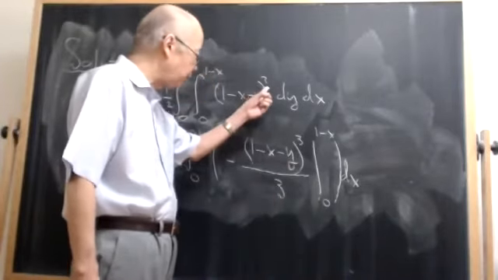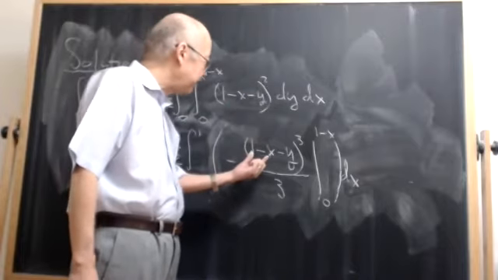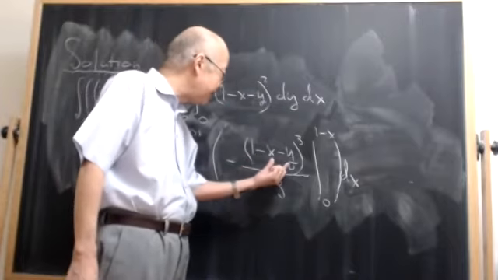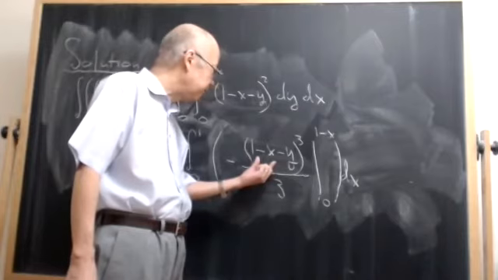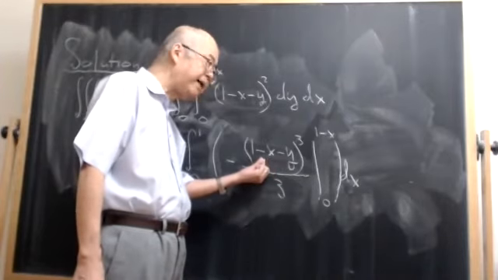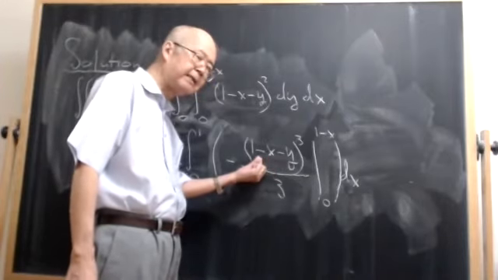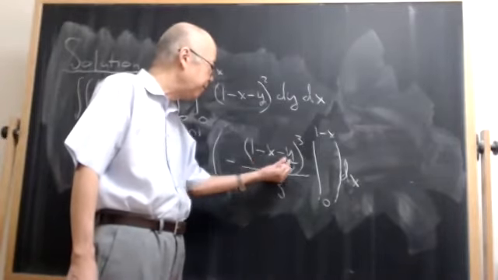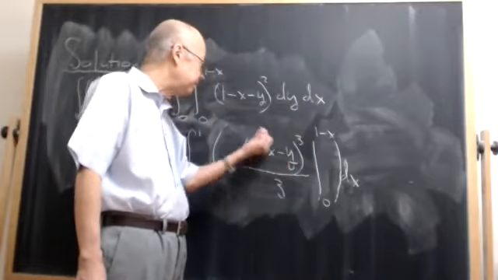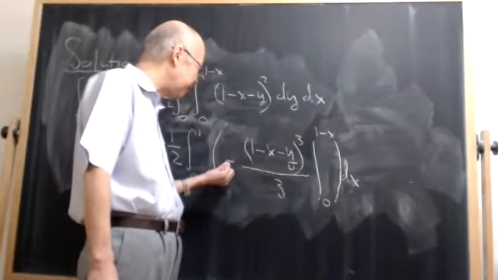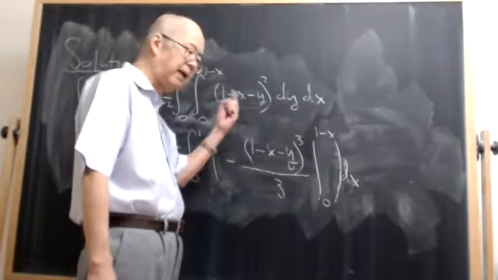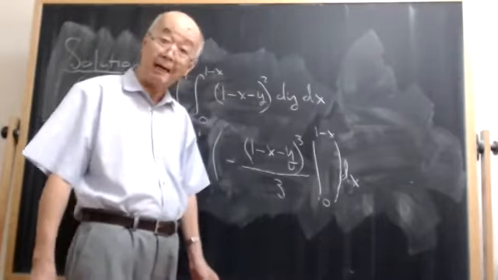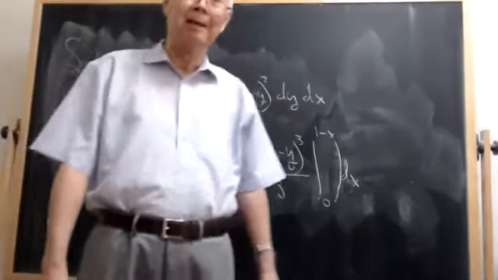So we have the square. But then you have to differentiate the inside. This goes away because x is constant with respect to y, and you get this minus 1 out to cancel this, and that's why you get that. There are many steps.